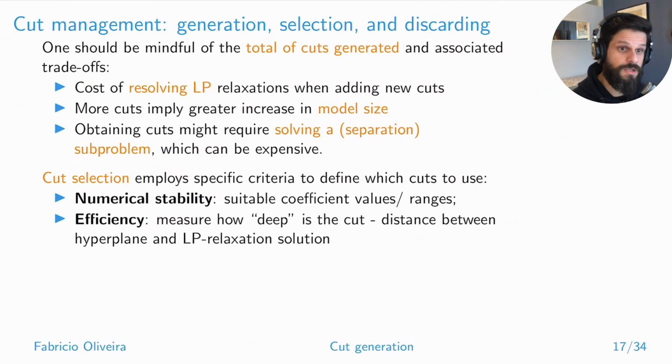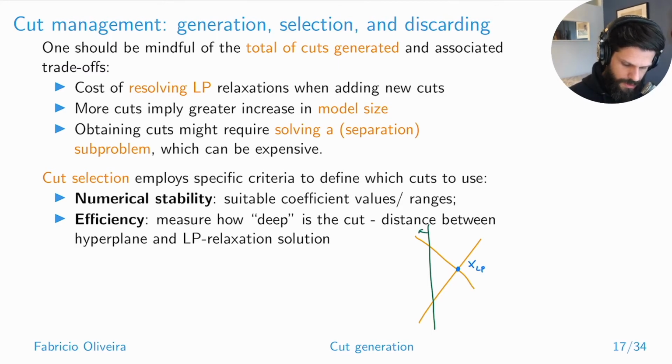You can use a measurement of how deep your cut is getting into the LP region. You can estimate that by taking this point, which is the solution of the LP, and then measuring the distance to the cut you just introduced, which could be, for example, this distance d.